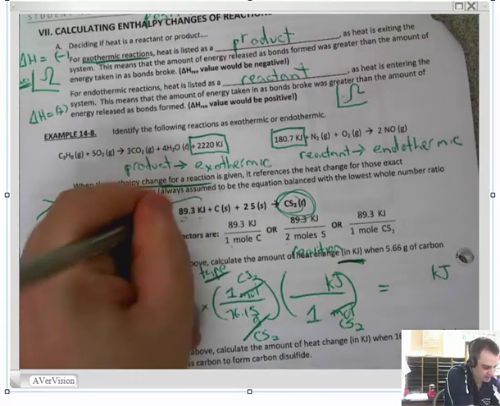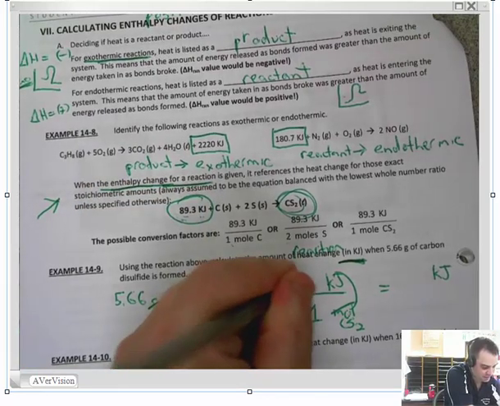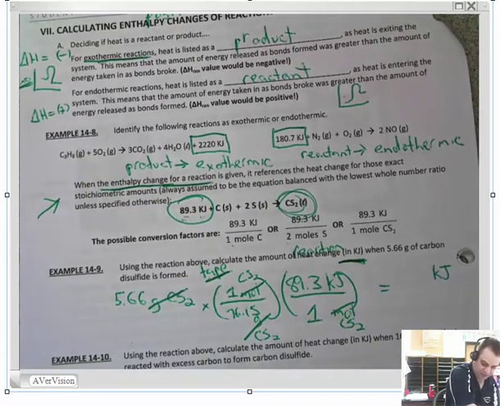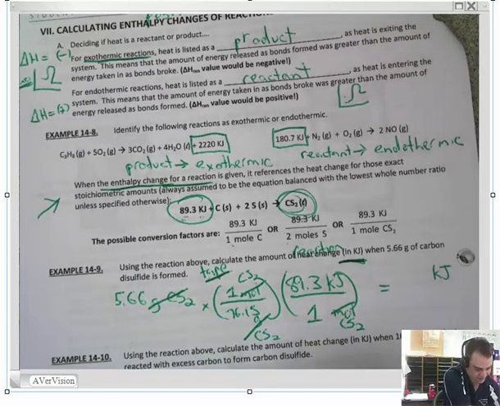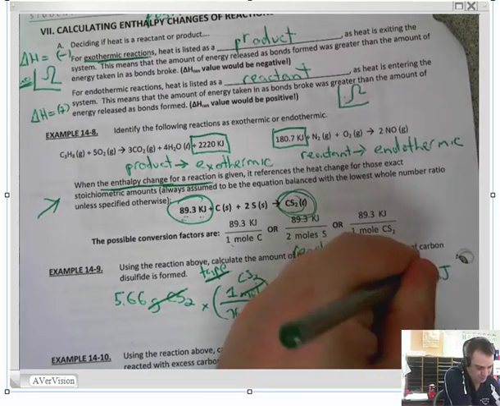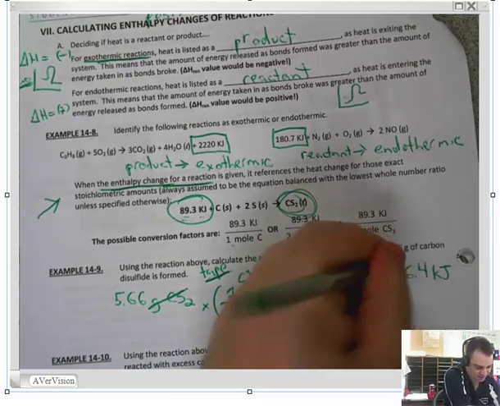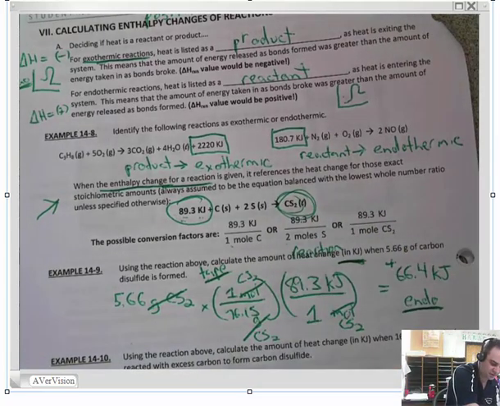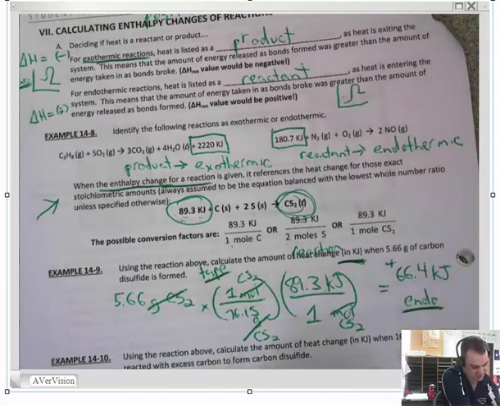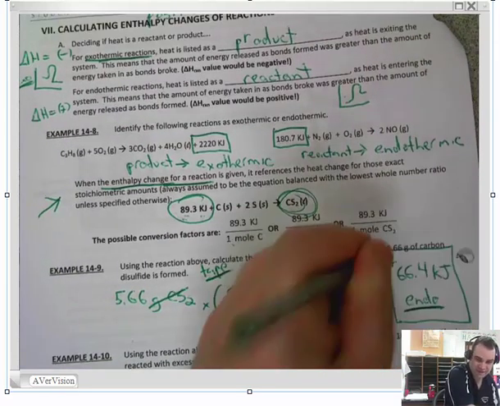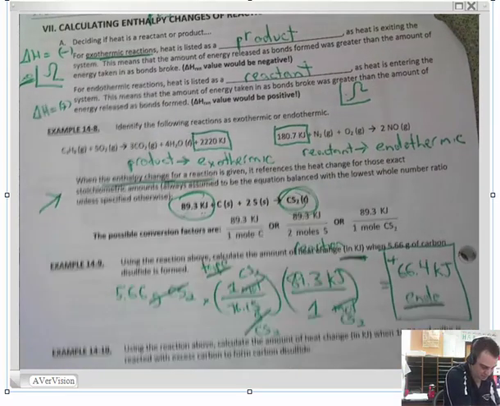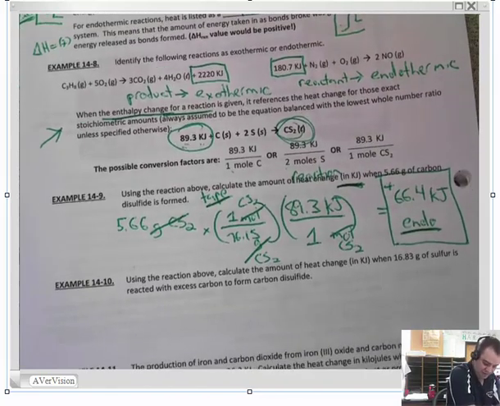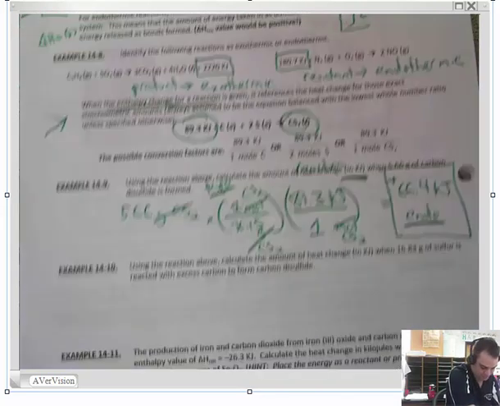Wham, wham, wham, wham. 89.3. That's what goes there. Multiply and divide, multiply and divide. 66.4 kilojoules. This is positive because it is endothermic. Endothermic, positive, delta H. Okay. See? Easily done. Let's do another one, since we're having so much fun doing this.